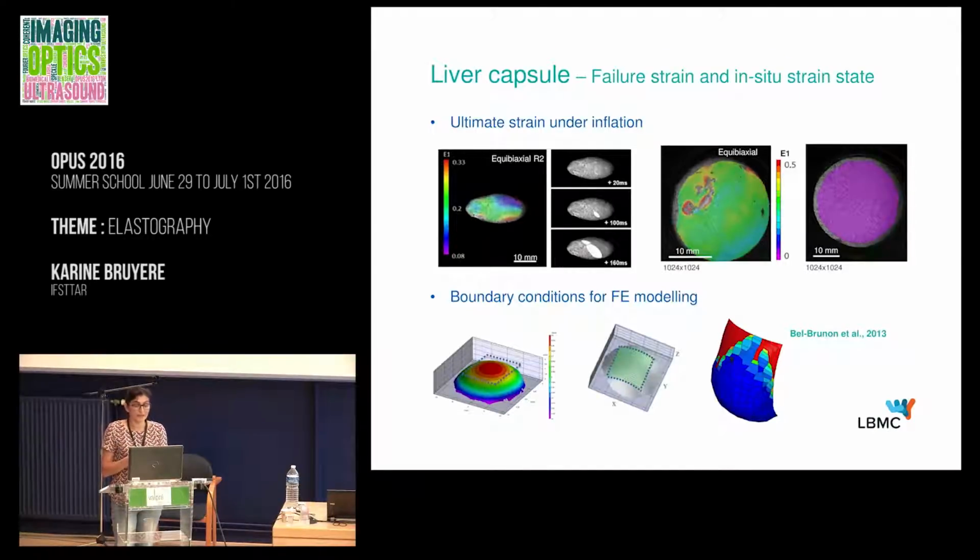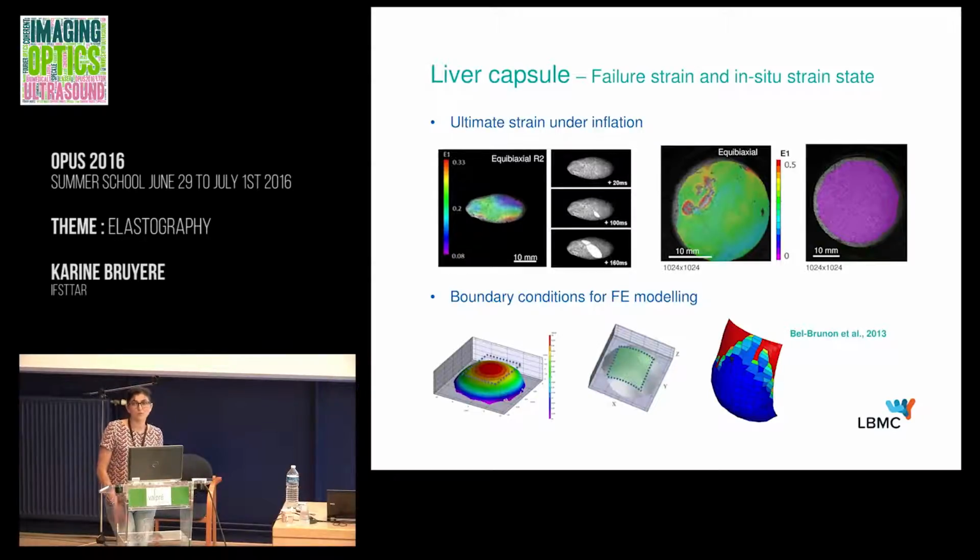And in fact, we also use such data, in terms of displacement this time, to simulate the real test by finite elements. Here you've got the model of the capsule with a specific behavioral model for the capsule. And instead of modeling all the capsule and making hypotheses on the boundary conditions, we take as boundary conditions the displacement we measured on this part of the capsule.